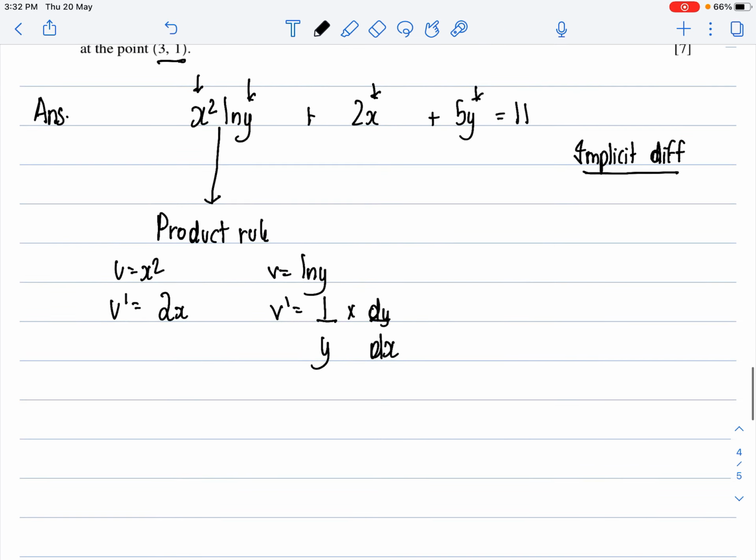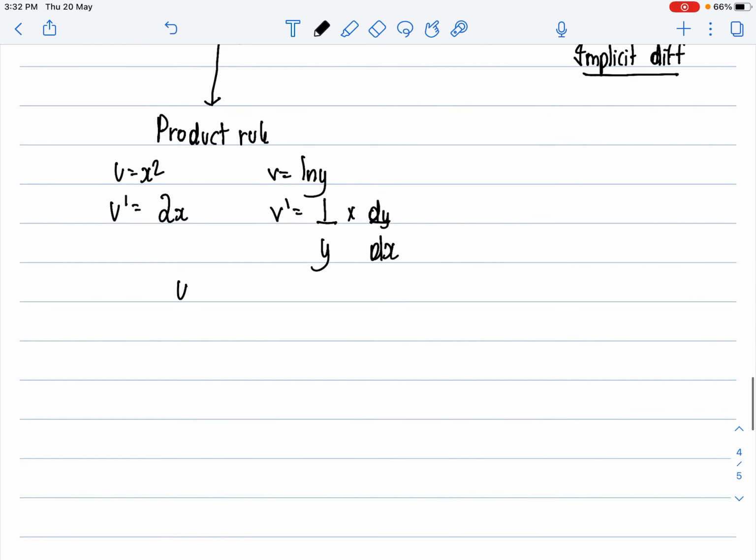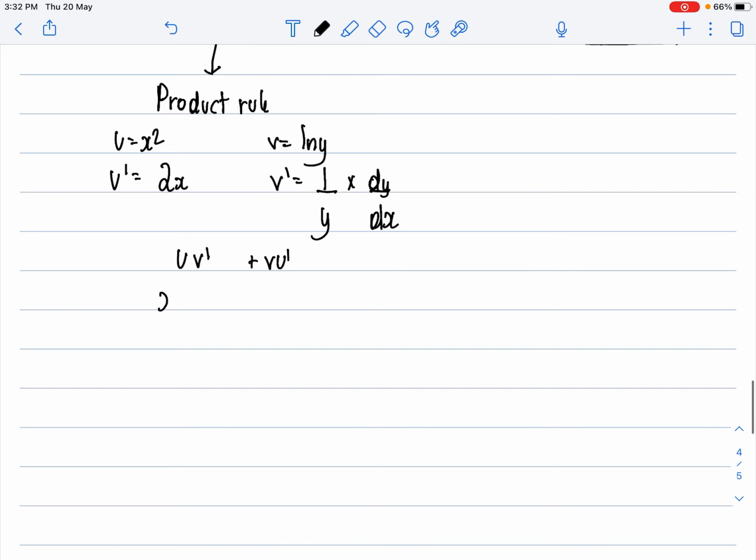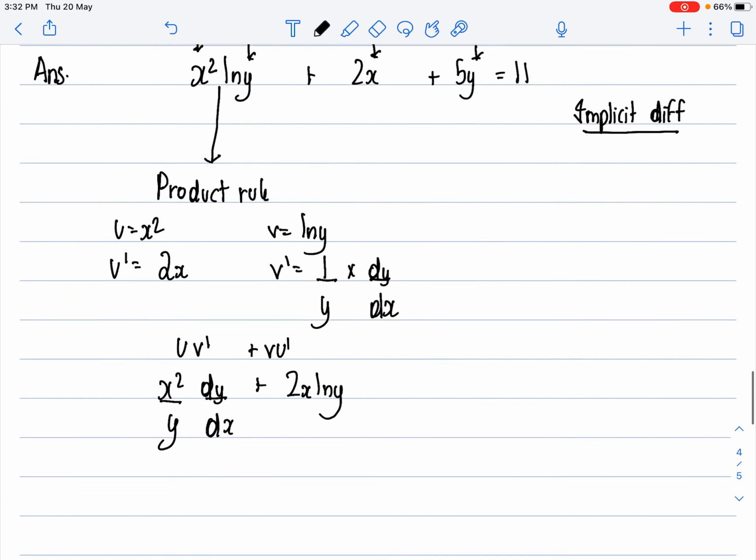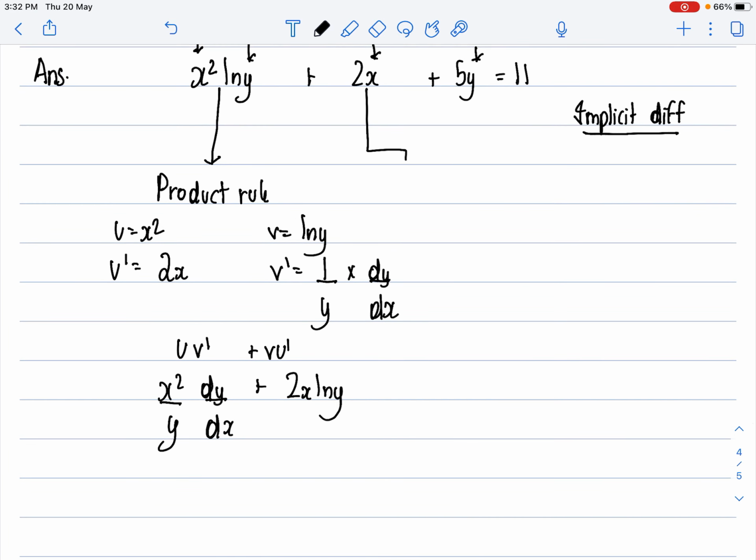Now my product rule formula is uv dash plus vu dash. So I can simply substitute to get x square over y dy by dx plus vu dash, where I get 2x ln y. Got it? Now I need to differentiate 2x, which is simply 2, and the differentiation of 5y is 5, but I told you, whenever we differentiate y, I multiply dy by dx.